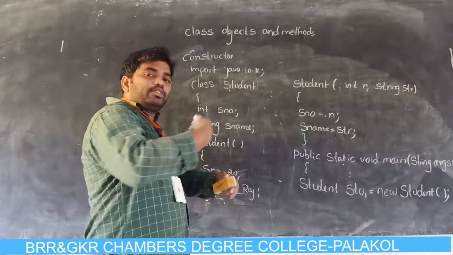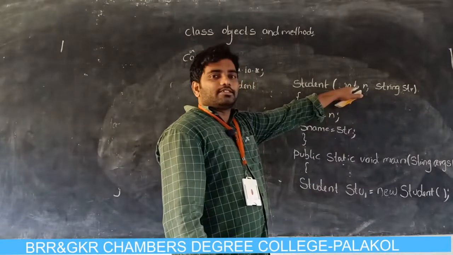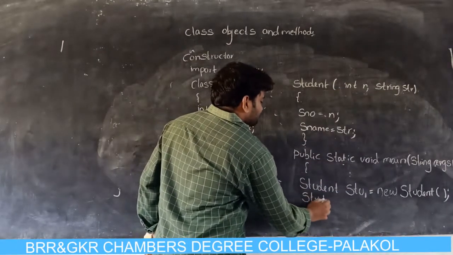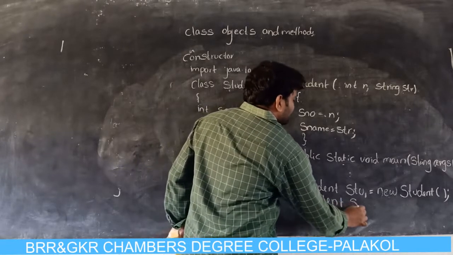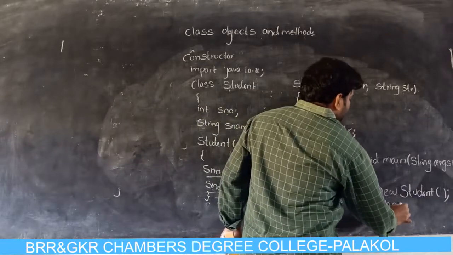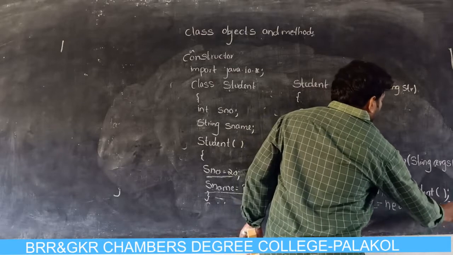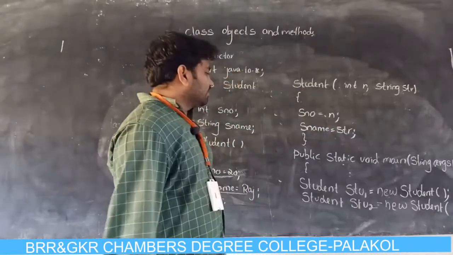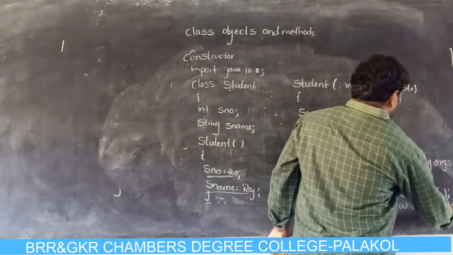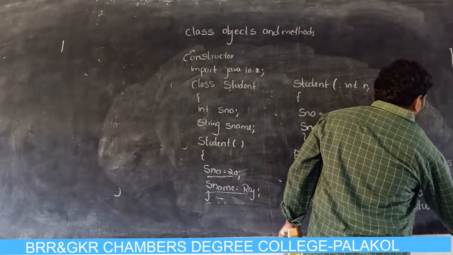You create another object, which is called with parameters: Student stu2 new Student, assign the values. The parameters are 20, comma Shiva.